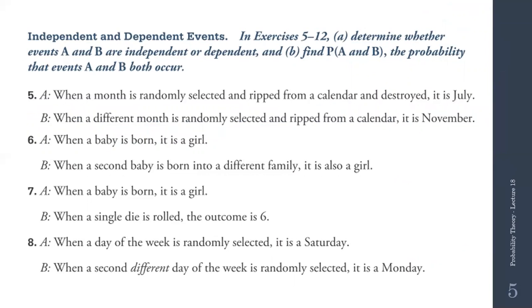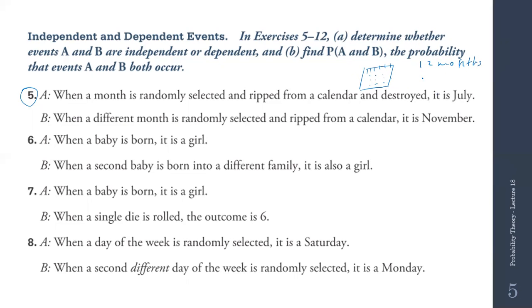Now we need to identify independent and dependent events. Exercise 5 says, when a month is randomly selected and ripped from a calendar and destroyed, it is July. So we have a calendar like this, and there are 12 months there.